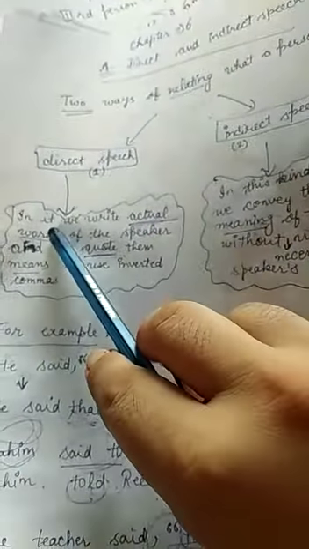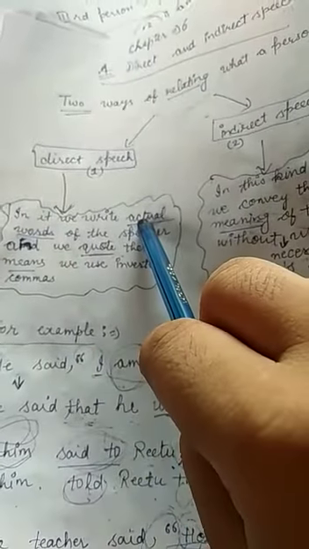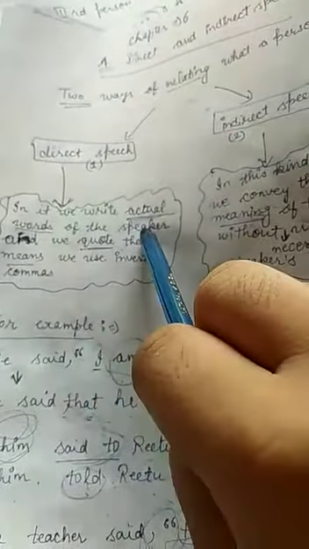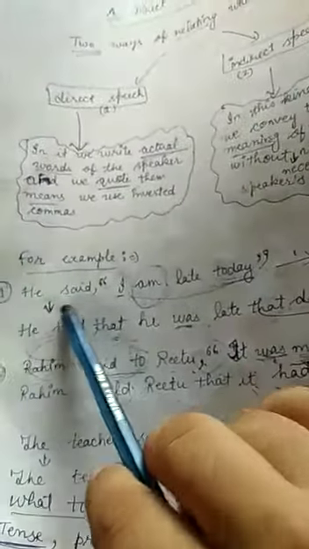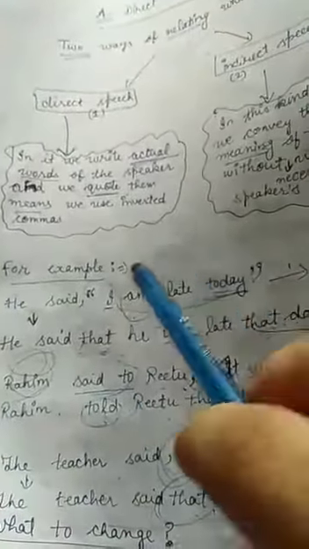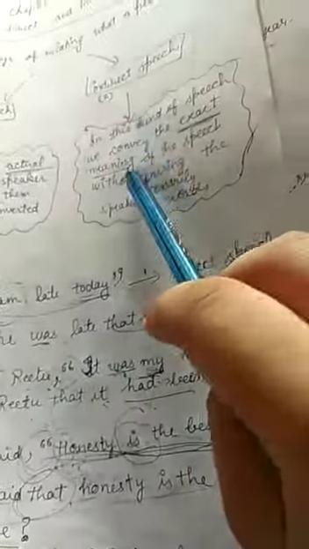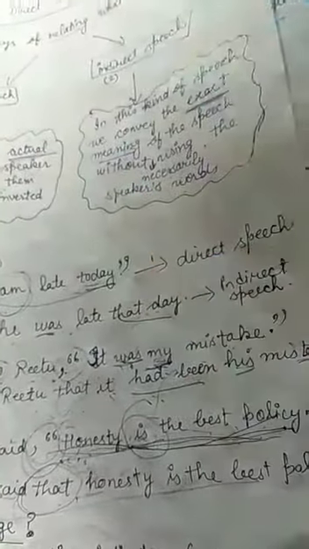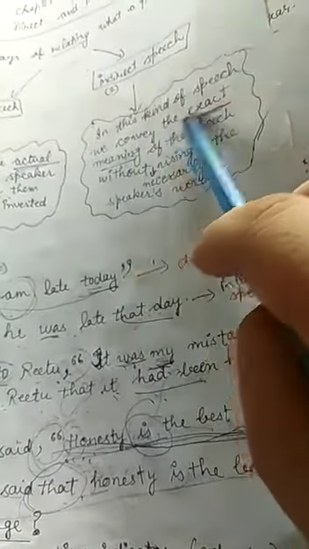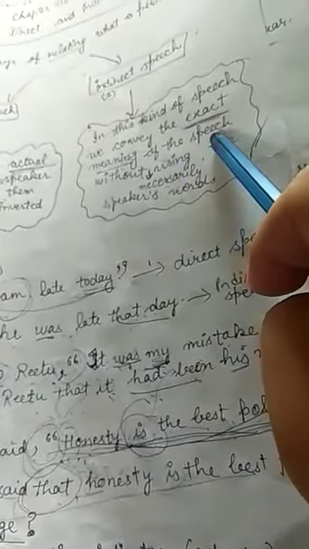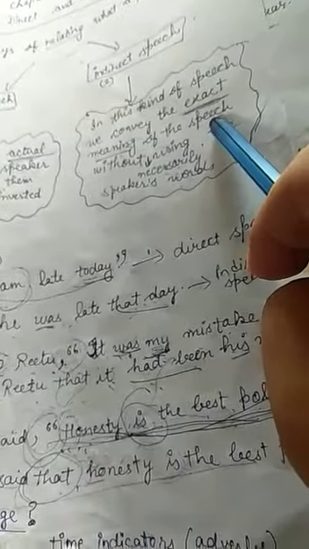Direct speech. In it, we write actual words of the speaker and we quote them, means we use inverted commas. See, inverted commas we have used to write it. On the second side, indirect speech. In this kind of speech, we convey the exact meaning of the speech, what the speaker wanted to say to me in the past.